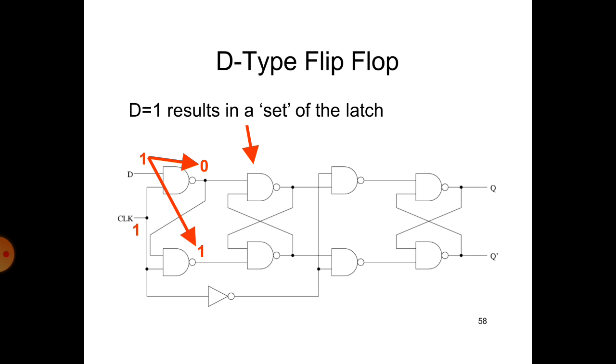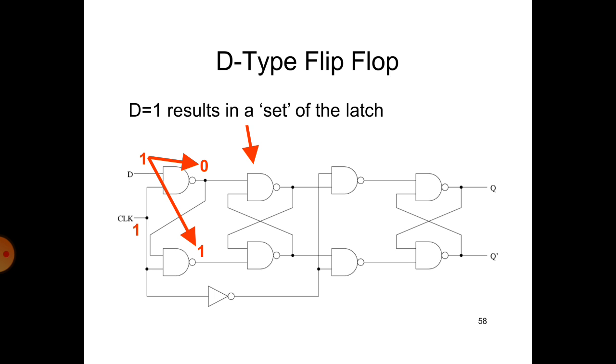So here D equal to 1 results in set of the latch. D will be high state means results in a set of latch. Clock will be 1 and D will be 1. Now what about the output of first and second NAND gate?